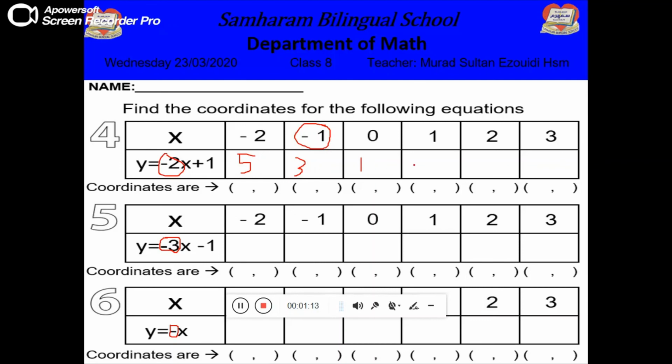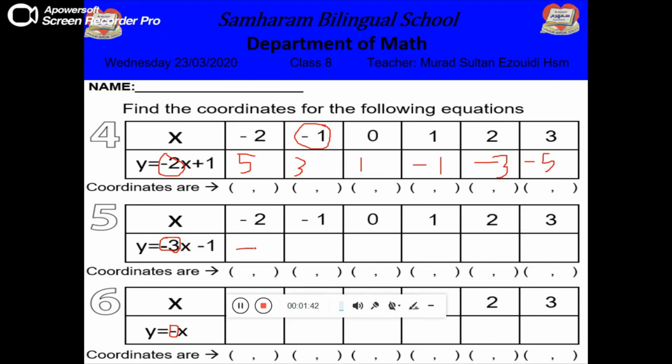So when x equals 1, it will be negative 1. When x equals 2, negative 4 plus 1 is negative 3. Then negative 3 multiplied by negative 2 is negative 6, plus 1 is negative 5.